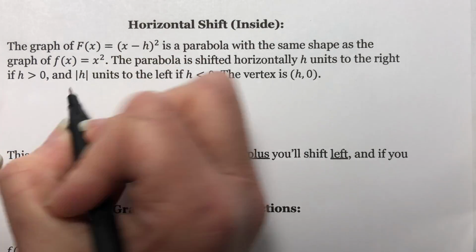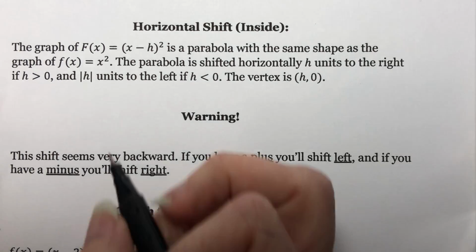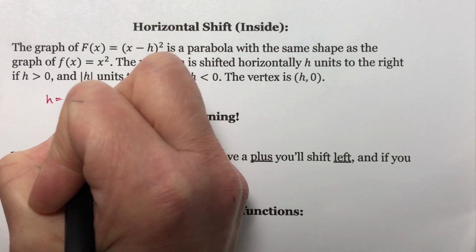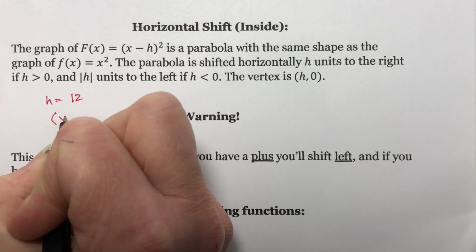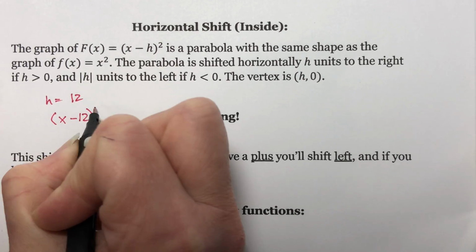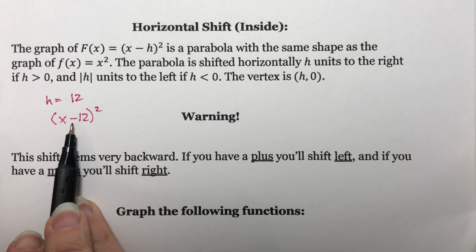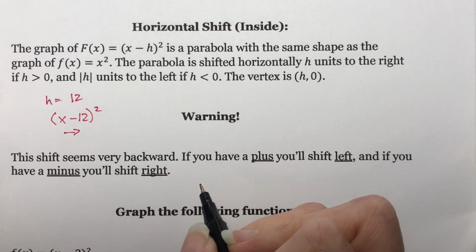Let's say our h is, I don't know, 12. If I plug 12 in right here, that's going to look like x minus 12 squared. My h was a positive number, but there's a minus sign in here, so this would be a move to the right.